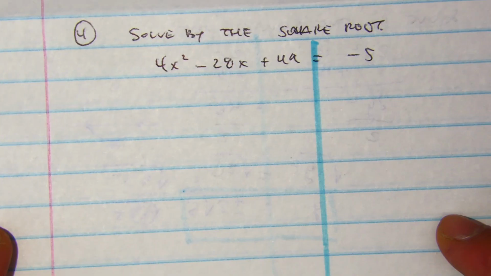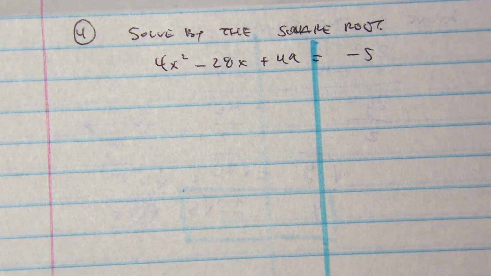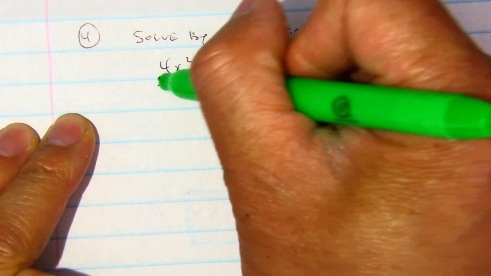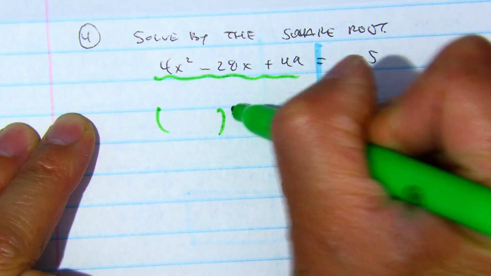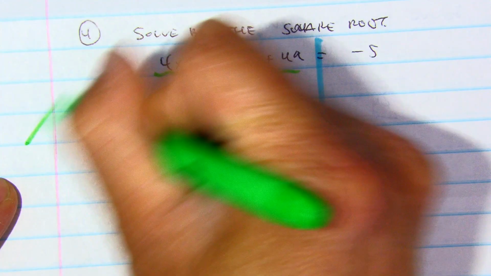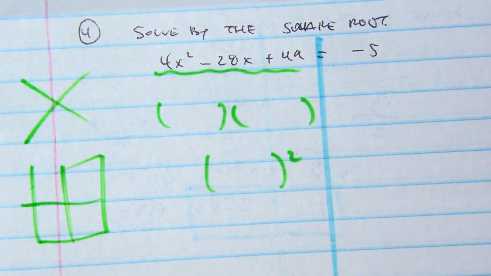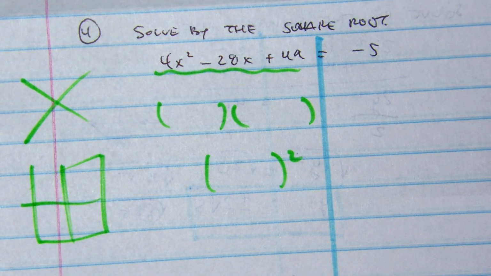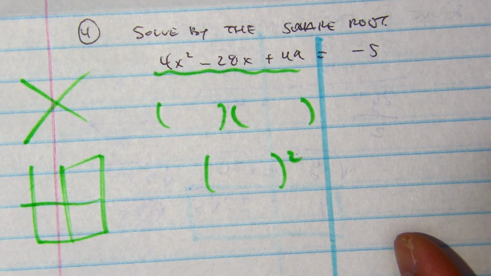Question number 4. Let's go ahead and solve this one by the square root. See if I can factor that first and then get those into the X box factoring, or area model factoring here.